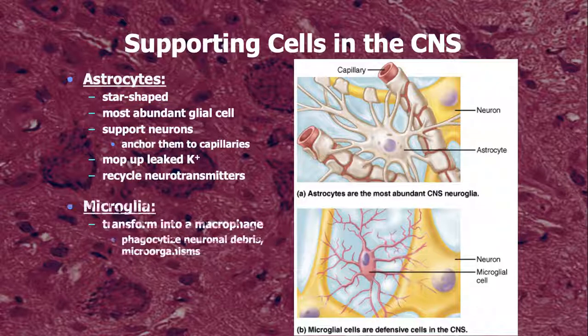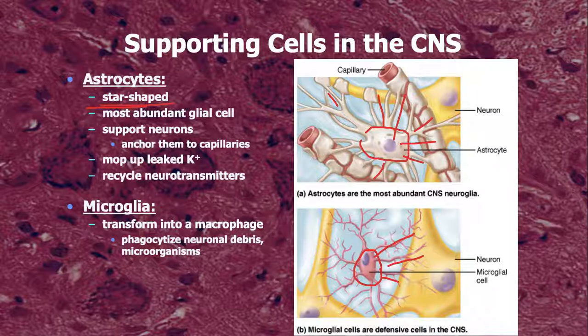The second type is one of my favorites because it's part of the immune system, and the immune system is my favorite. So these guys are called microglia. It's not that the cells themselves are small, but it's that the extensions coming off of them are smaller than the astrocytes' arms are. Okay? So skinny arms.